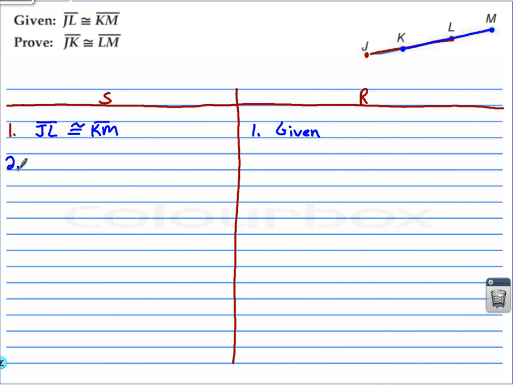But let's go back to that whole segment addition postulate. Because we've got to sum up, that segment addition postulate gives you a way of breaking this line segment down into pieces, if that makes sense. But before you can use the segment addition postulate, before you can use any kind of subtraction property, addition property, go ahead and take this JL being congruent and write it as JL equals KM.